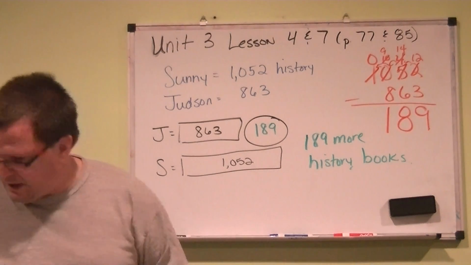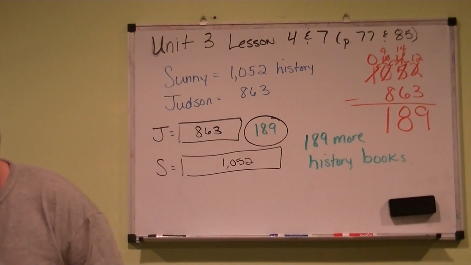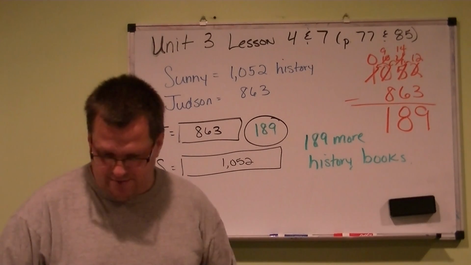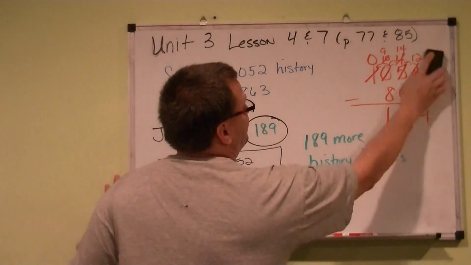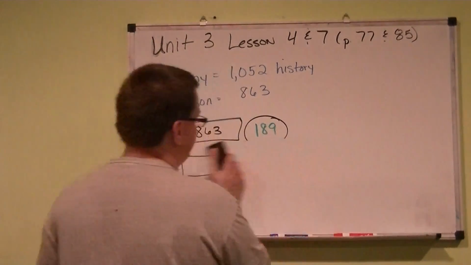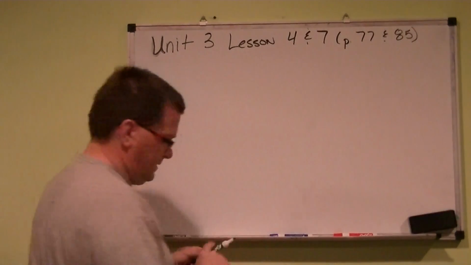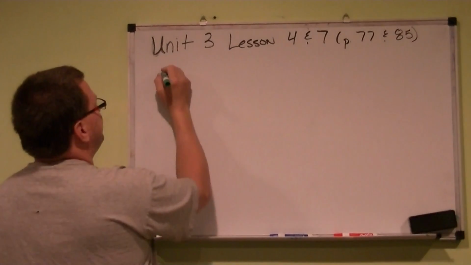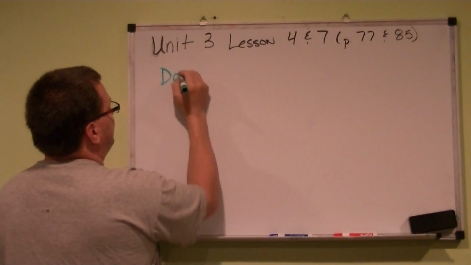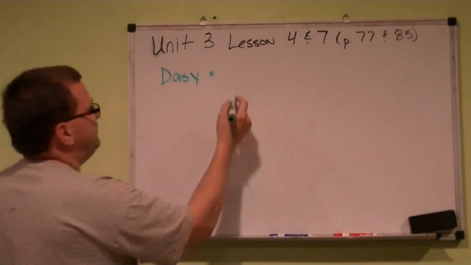And another one we're going to talk about is Daisy's Cafe used 465 plates today. I'm going to try one more and then I'll let you loose on your own. So Daisy Cafe had 465 plates.